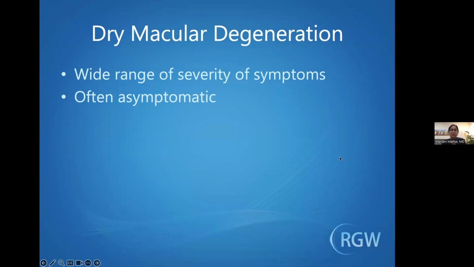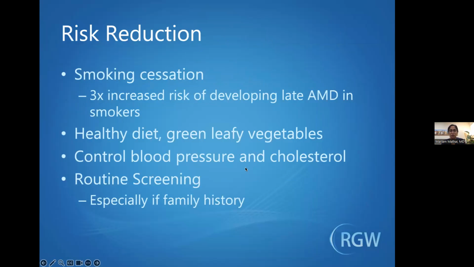So dry macular degeneration can most of the time not have symptoms. But in more advanced stages, it can lead to distortion and blurring. Now, how do we reduce your risk of developing macular degeneration, and also reduce the risk of your macular degeneration progressing once you do develop it? The number one thing that we cannot stress enough is stopping smoking.